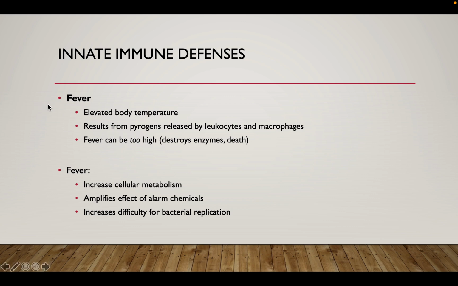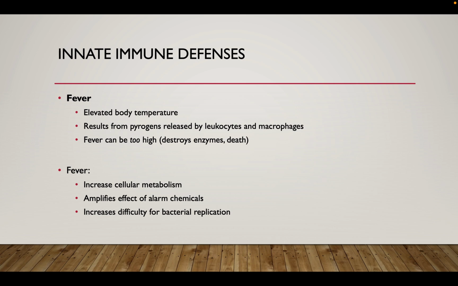Okay, so say you have a fever, you have an increased temperature, and it's a result of chemicals called pyrogens being released from leukocytes, different types of white blood cells, and macrophages that work on the hypothalamus in the brain to increase our internal thermostat, essentially resetting our temperature to be higher.